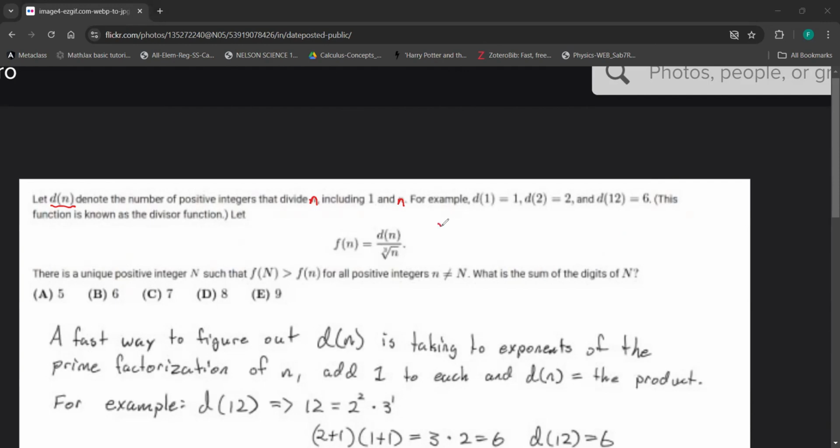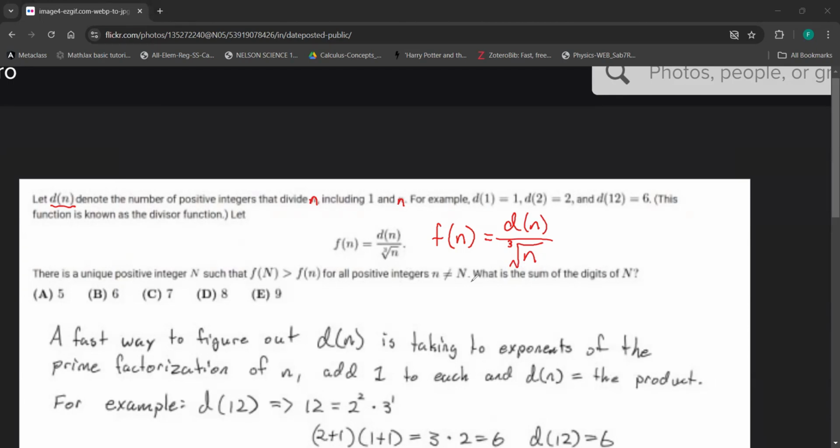So let me rewrite this equation so that it looks clear. f of n is equal to d of n over the cube root of n. And there is a unique positive integer capital N such that f of capital N is greater than f of n for all positive integers n not equal to capital N. What is the sum of the digits of capital N?